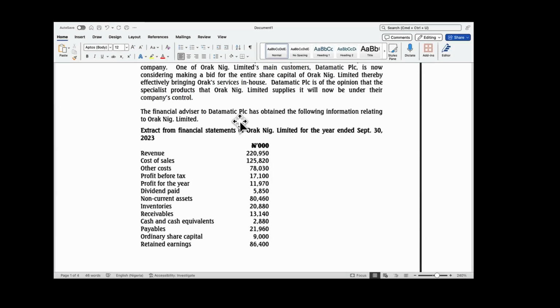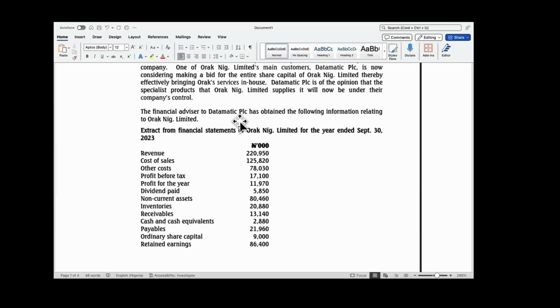Or you use equity plus long-term debt or fixed interest debt, like loans or debentures or any other debts that you pay interest on, provided it is long-term. In this question now, we don't have any long-term debts.